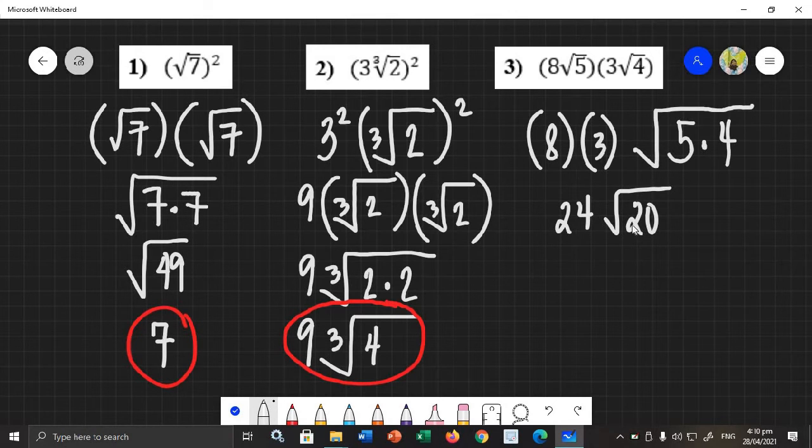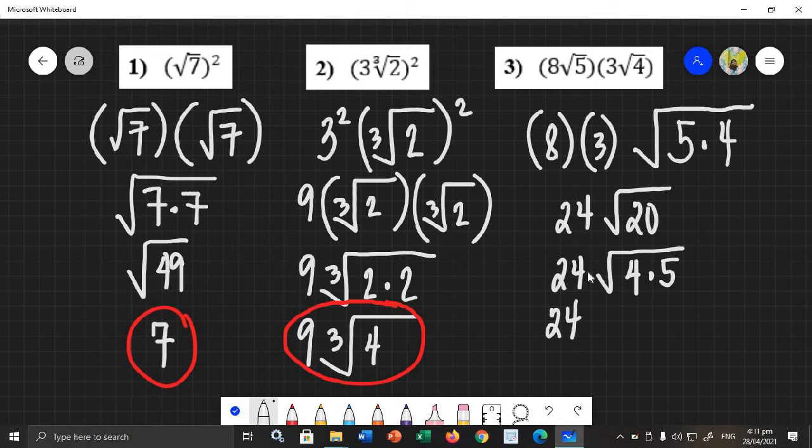Observing this, we can still simplify square root of 20, so we need to factor it out. We think of a factor of 20 that is a perfect square, and that will be 4. So 4 times 5, and simplifying this, square root of 4 is 2.